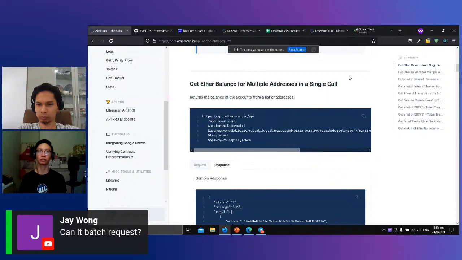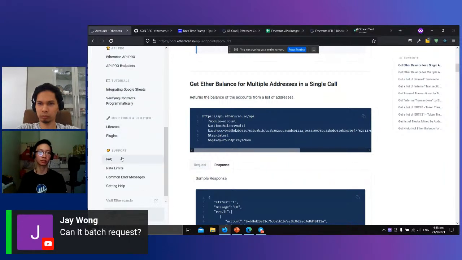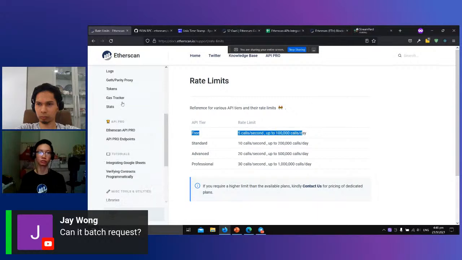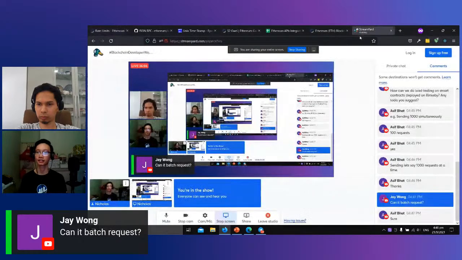But if you're referring to how many requests you can batch at once, once again, it follows the rate limit of your plan. Everyone starts on the free plan, so you'll be able to send 5 calls per second and up to 100,000 calls to these endpoints every day. I hope that's what you're referring to, Jay.